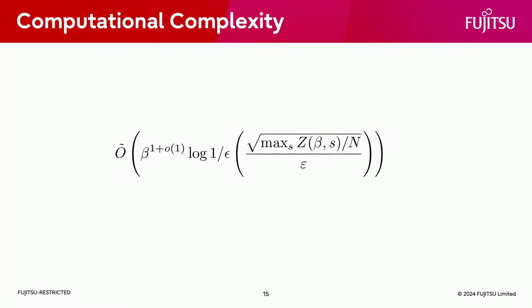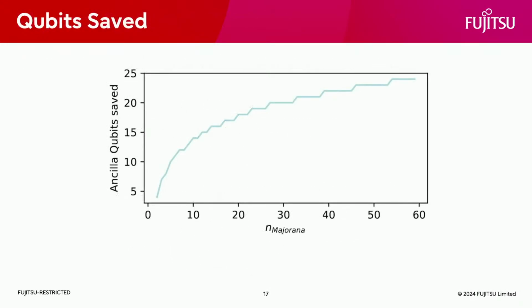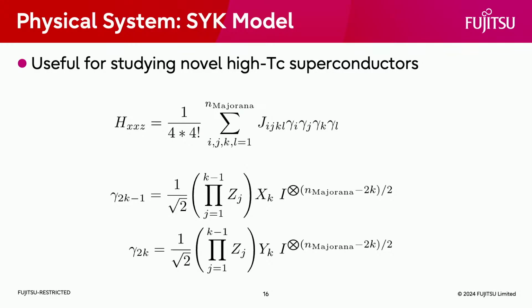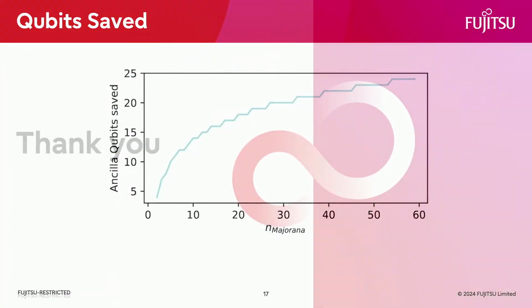This is the statistical error, and we also get this factor here, which improves the scaling when using quantum amplitude estimation, and it's almost linear with beta, the inverse temperature. And this is the system we apply it to. It's an SYK model for studying superconductors, high temperature superconductors, and we save these many qubits. So it's sort of like a 20-30% saving in qubits.